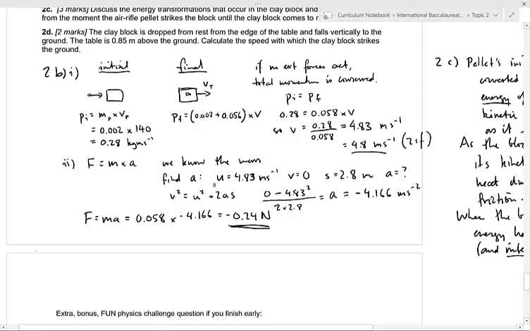So 2D, we have the block is here, and it's going to move to here. This distance here is 0.85 meters, so delta EP must be equal to delta EK.